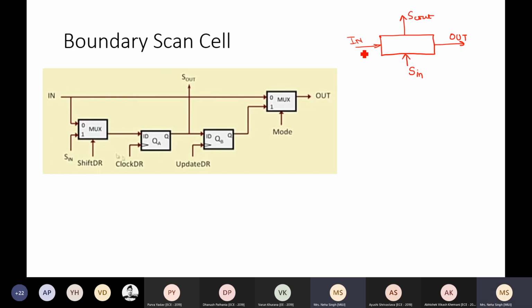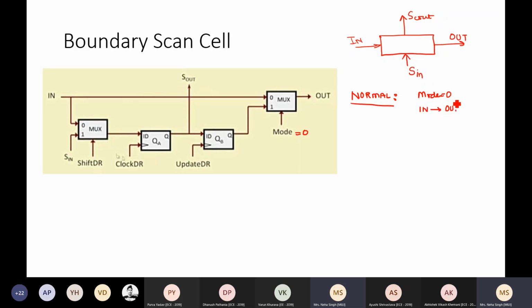So if I want the data to be transferred from input to output, I set this mode equal to 0. As soon as this mode is equal to 0, the in value is passed on to out. So direct transmission happens, right? We call this mode the normal mode.